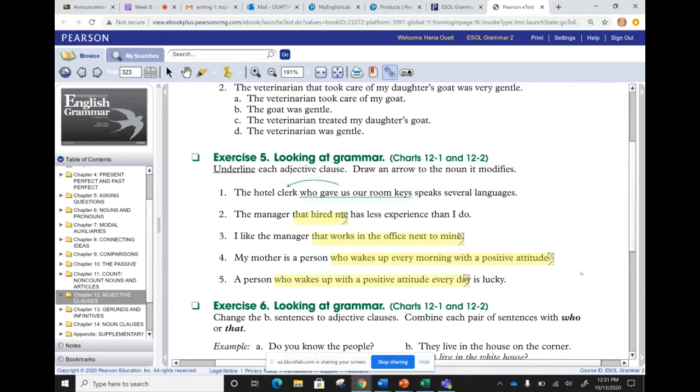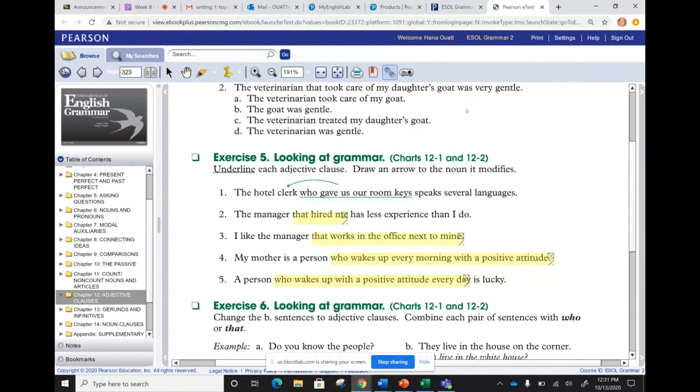Stop. Okay. The SRP is who, the verb is wakes up, we draw the arrow to person. We can take out this clause and we still have a sentence: a person is lucky.